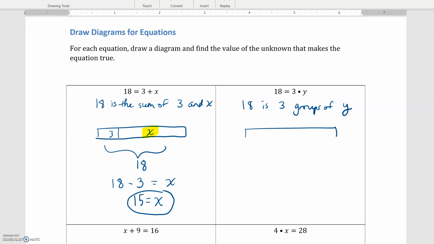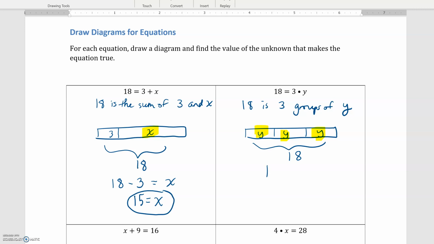I'm going to do the same thing, draw a tape for 18, and it says that there are 3 groups of y. So I'm going to divide my tape into 3 groups and put y in each group. And I have to ask myself, what would y be to make this a true statement? So if I want to find the value of y, I need to find 18 evenly divided into 3 equal groups.